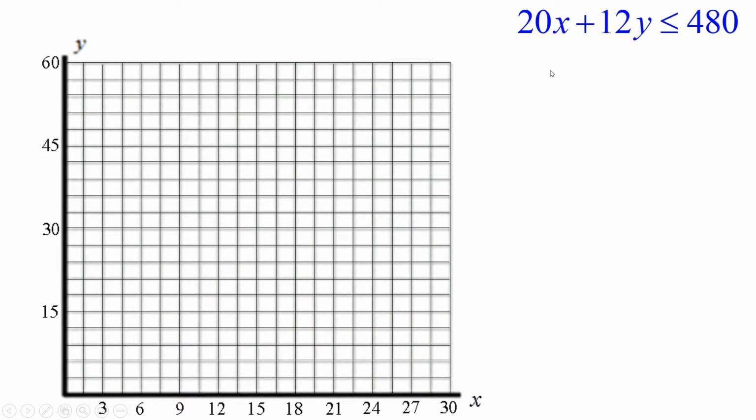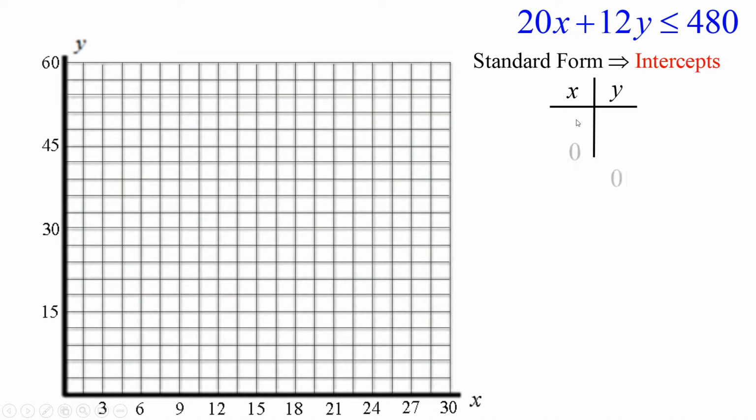When we are in standard form, the easiest way to graph a boundary line would be to use intercepts. And the easiest way to find our two intercepts would be to do a simple table. For the y-intercept, x is 0. And for the x-intercept, y is 0. So now it's just a little simple arithmetic.